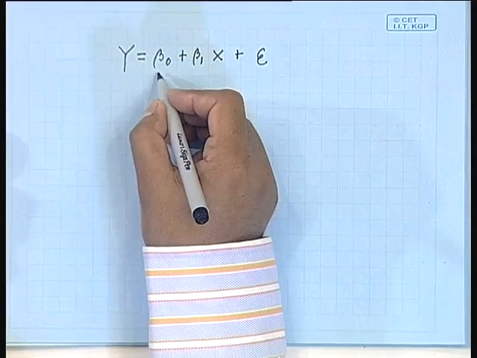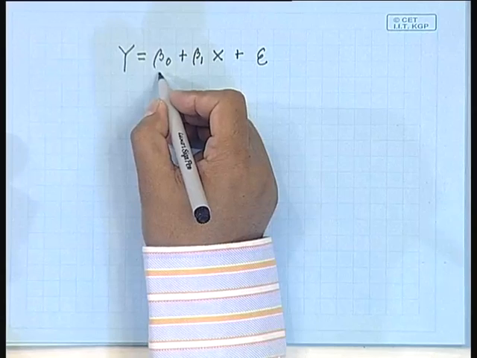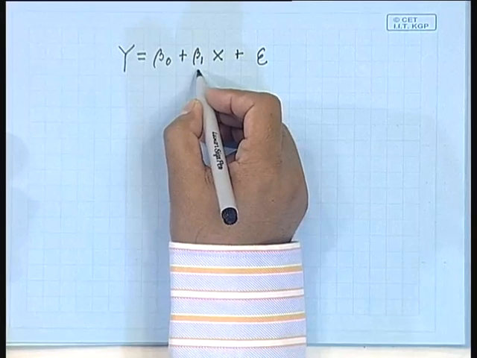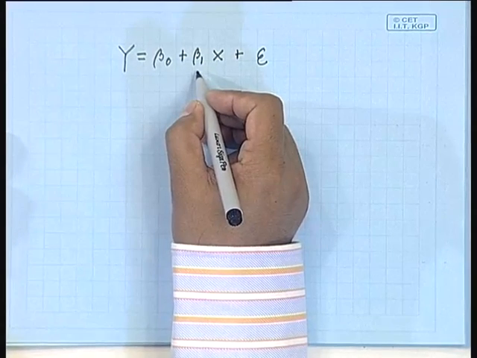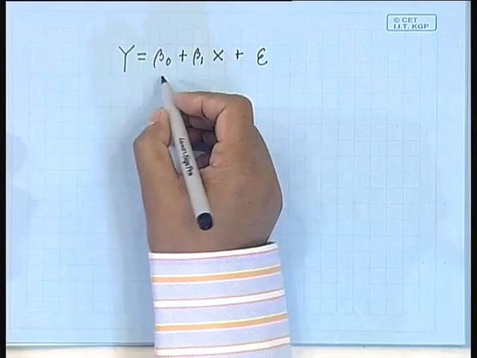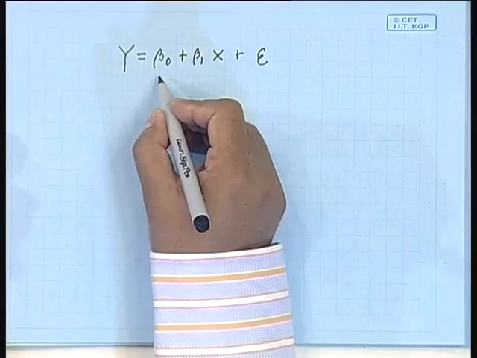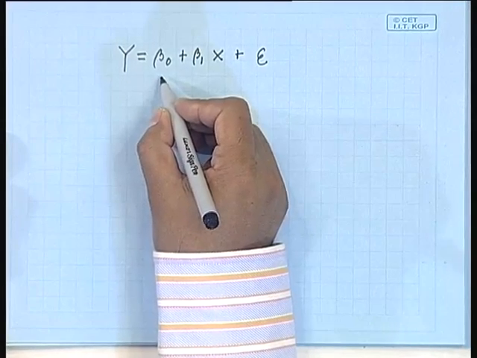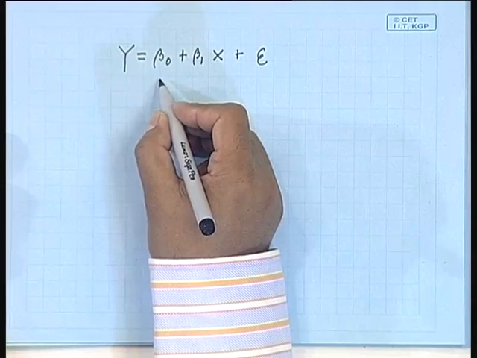Beta naught is the intercept, and beta 1 is the slope; beta naught and beta 1 are the regression coefficients.